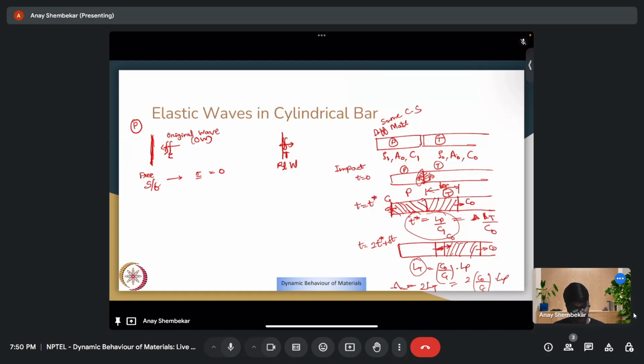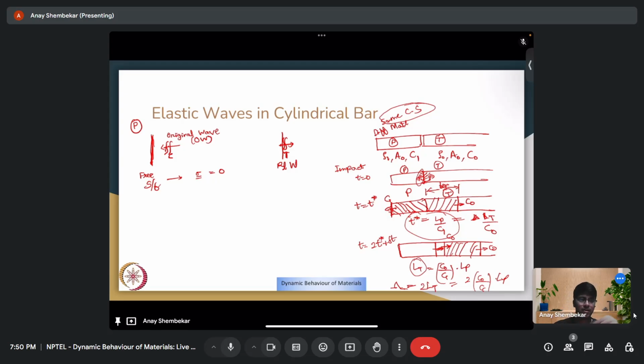You can also ask yourself what would happen if the cross section changes. I think I already covered that change in cross section part in last week's final example, where you have two different cross sections.